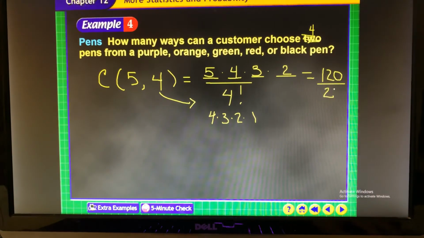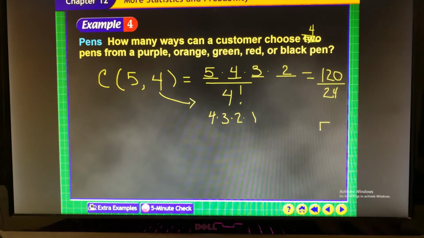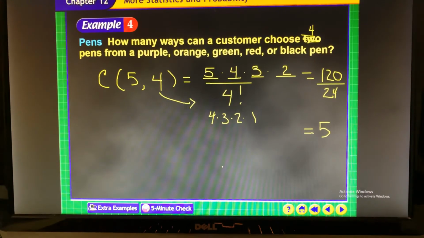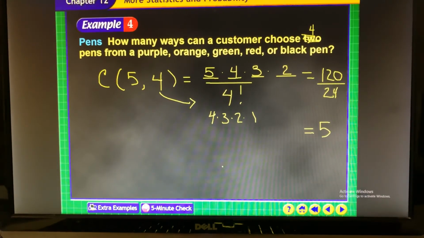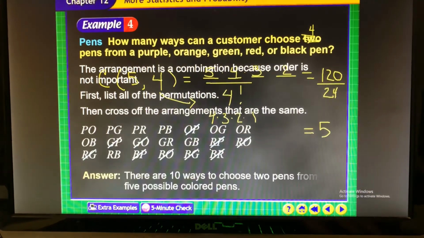So 24. So then you're going to do 120 divided by 24 and you're going to get 5. So you have 5 different combinations that you can choose. 4 pens from 5 choices.